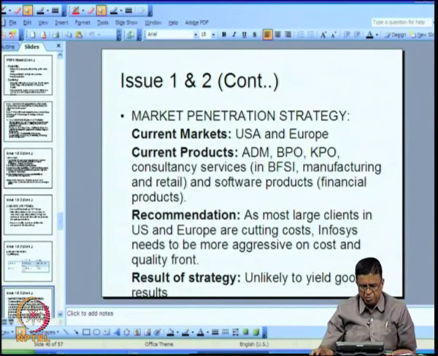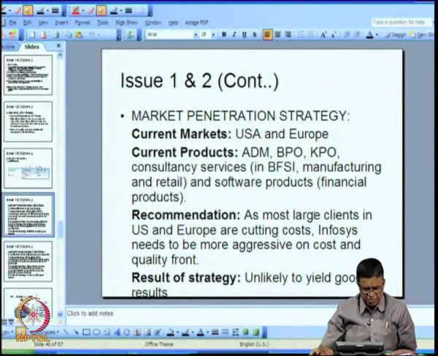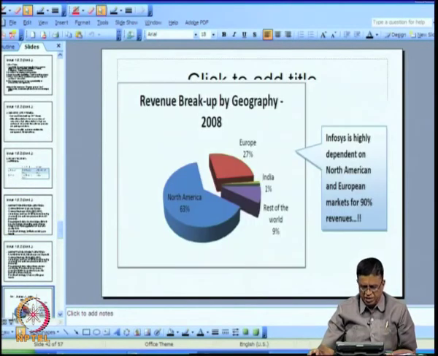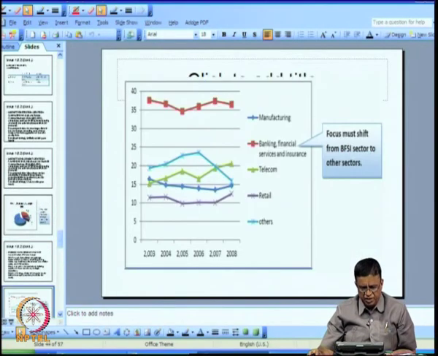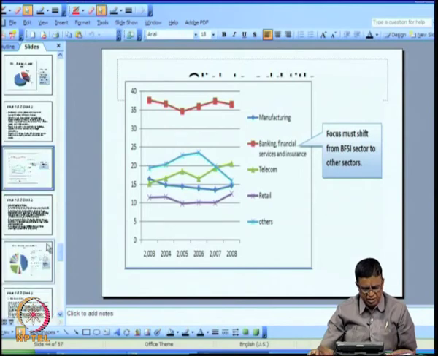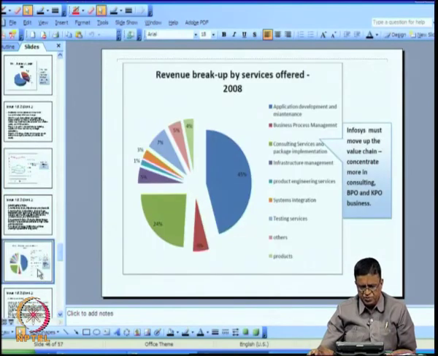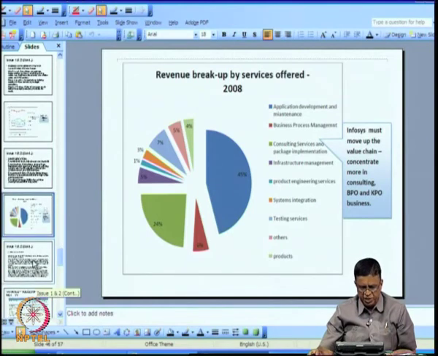Then the market penetration strategies which the company has adopted. Then the students have given the revenue breakup by geography.